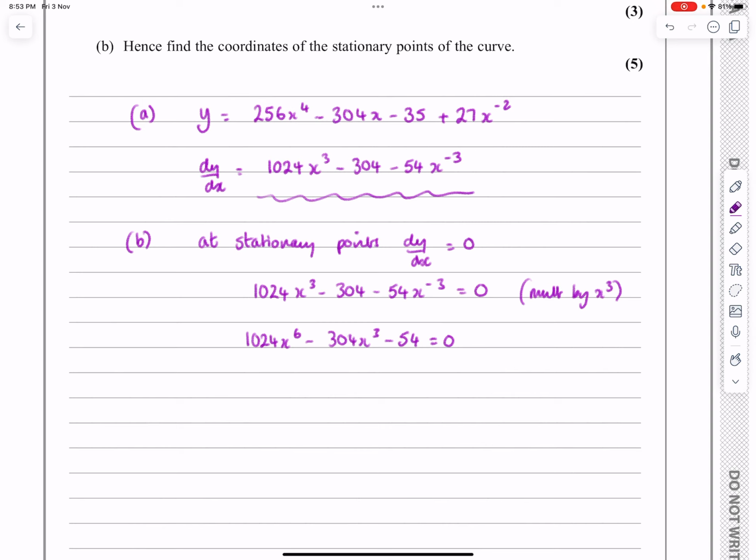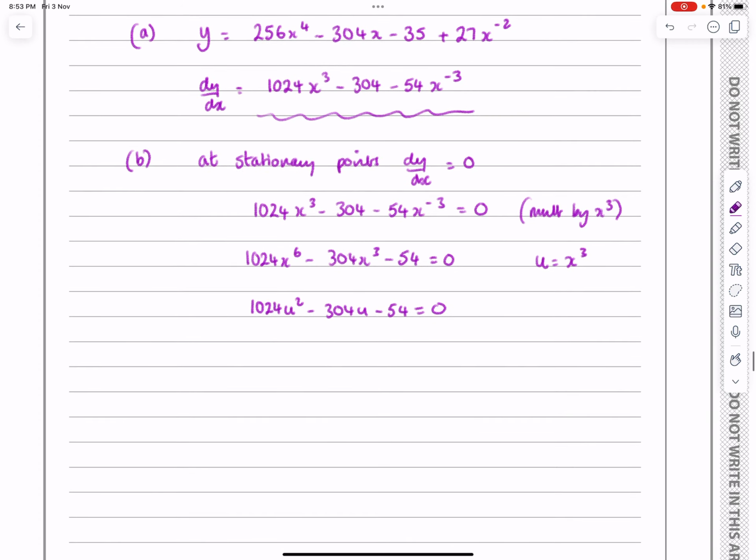It doesn't look like a quadratic equation, but it is if you make the substitution that u is equal to x cubed. Then I've got 1024u squared minus 304u minus 54 equals 0. We'll solve the quadratic and then we'll put x cubed back in.